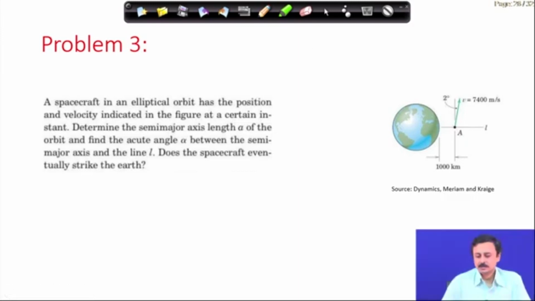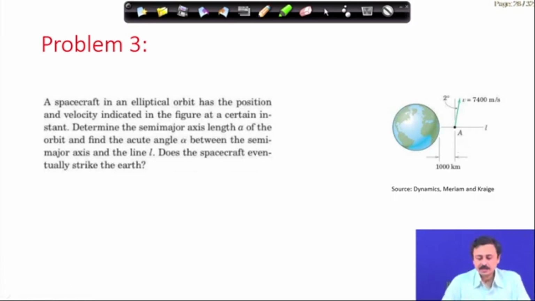Now, this is a problem of launching some satellite or an object from space, at a certain point in space. It is being launched with a certain speed in a certain direction from point A, which is in space. Let us look at the problem.